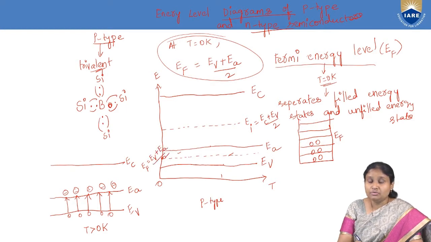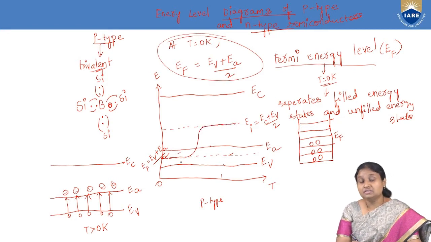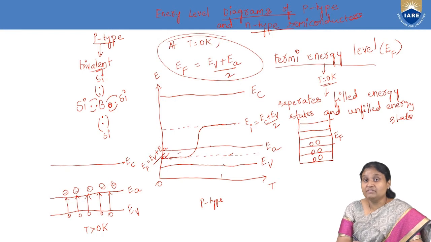As temperature increases, what happens to this Fermi energy level? It starts rising towards the intrinsic Fermi level. So as temperature increases, the Fermi level rises from EF equal to (EV plus EA) by 2 to the location EI equal to (EC plus EV) by 2.